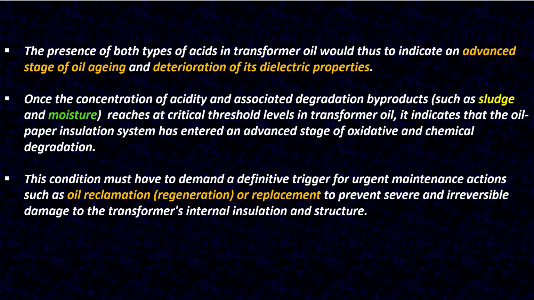This condition demands a definitive trigger for urgent maintenance actions such as oil reclamation, regeneration, or replacement, to prevent severe and irreversible damage to the transformer's internal insulation and structure.